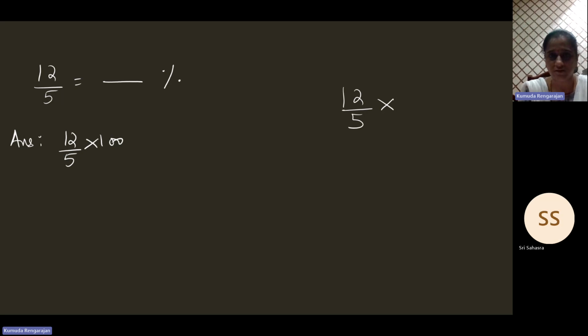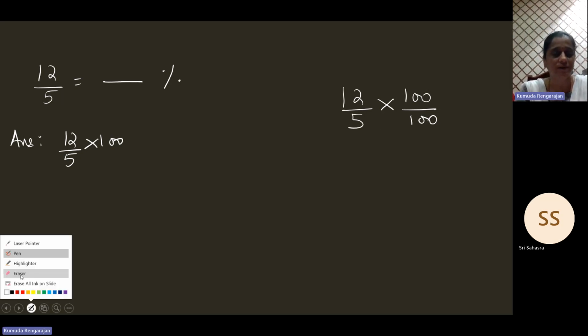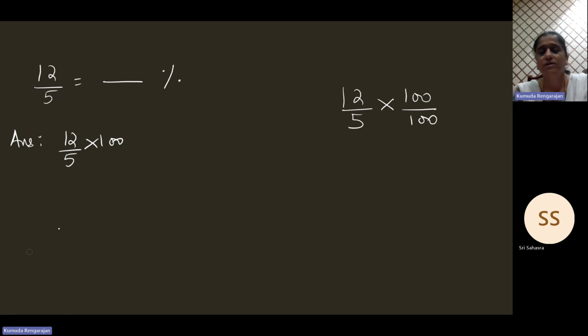And that's right. I'll just tell you what it is here. It's 12 by 5 into 100 by 100 actually. What is 100 by 100? 1. So into 1 you're doing. That you can do, no? 12 by 5 into 1 is 12 by 5 only. You're not changing the value of 12 by 5. Now, don't disturb this denominator 100.